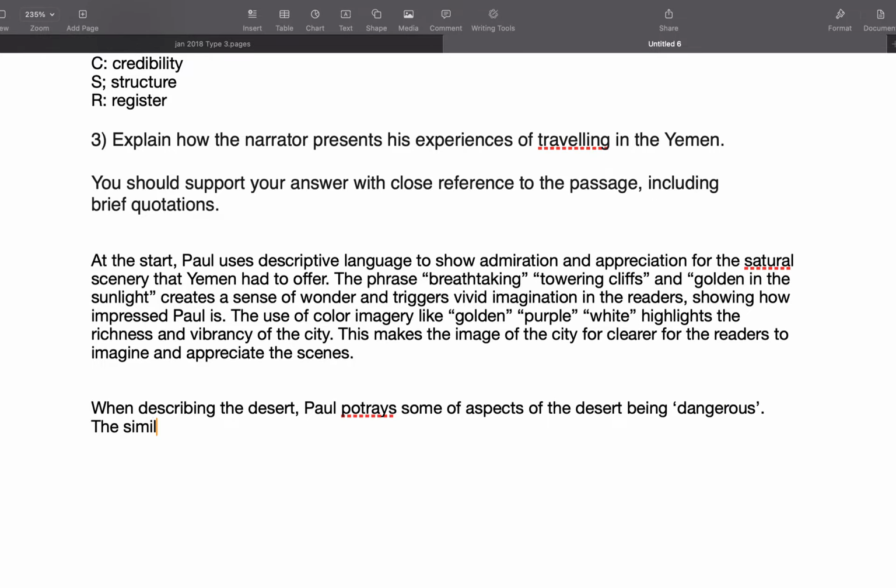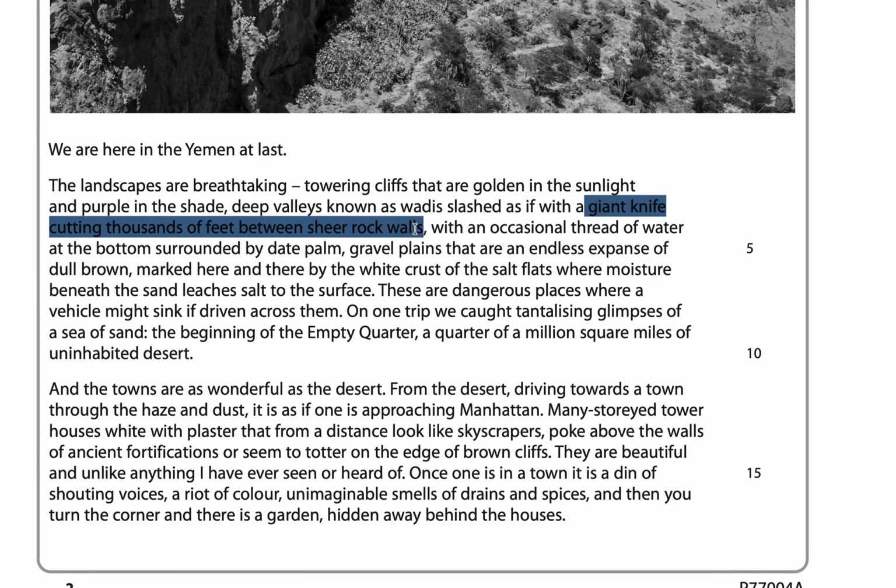And the simile he used, what was it? Here's the simile we're going to use: the wadi slashed as if with a giant knife. This is the simile, as if, with a giant knife.